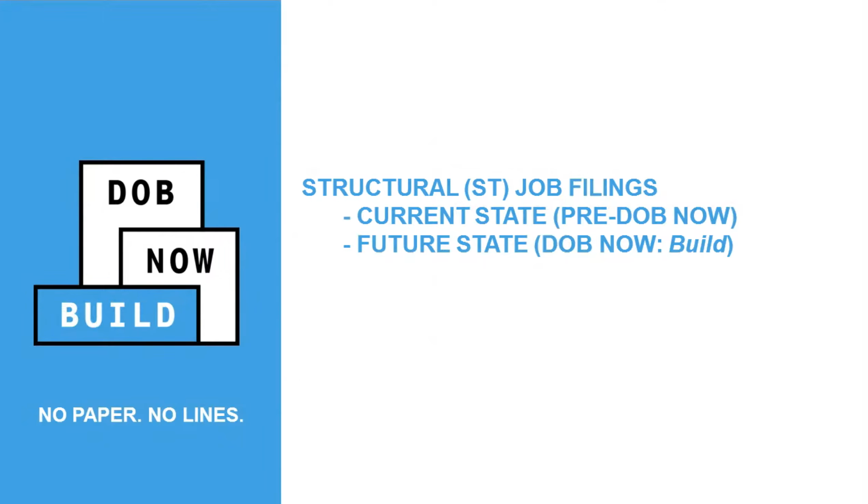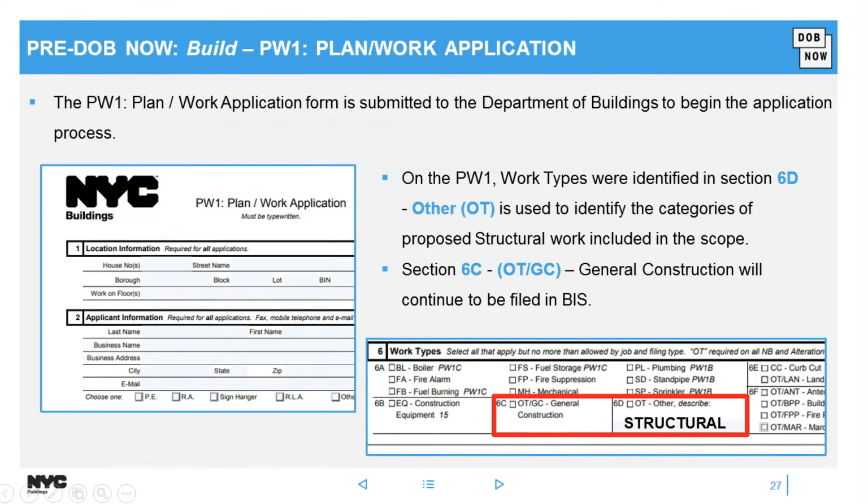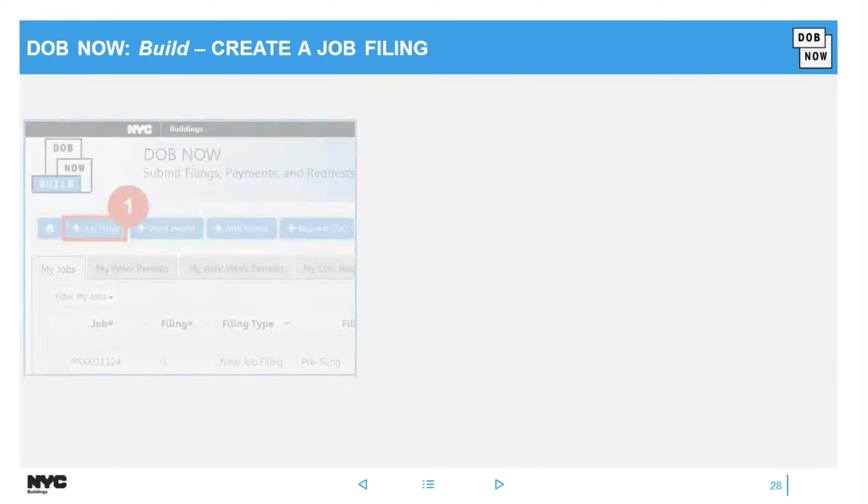So current versus your future now, as of July 1st, 2019. If you were filing a job containing any of these here, you would have done a structural job filing, which would have been concrete, aluminum, masonry, etc. You would have done that on paper by selecting 6D, and then you would have typed in structural there. Now this is going away. There's no more 6D.